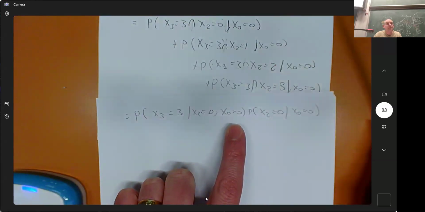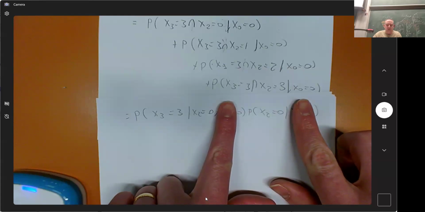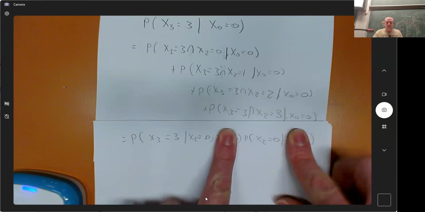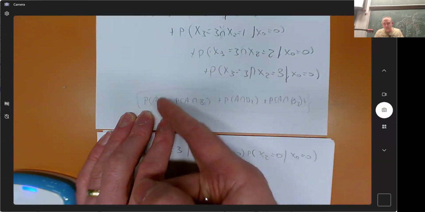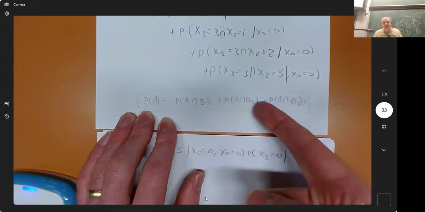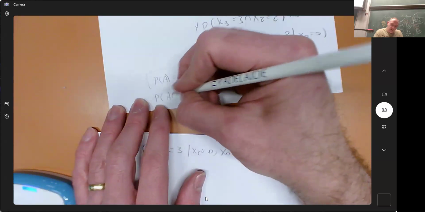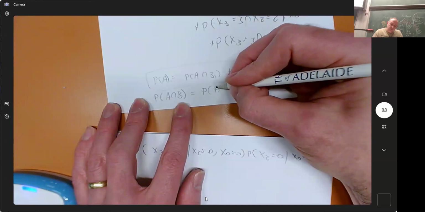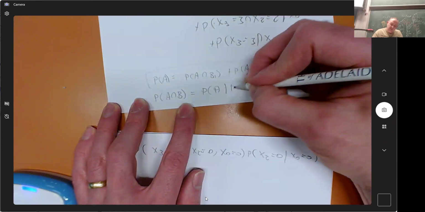So this x0 equals 0 is part of the P at the moment. This statement here has a given x0 equals 0, and so do the others. And then we have that P of A and B is the probability that first B happens and then A happens given that B happens.